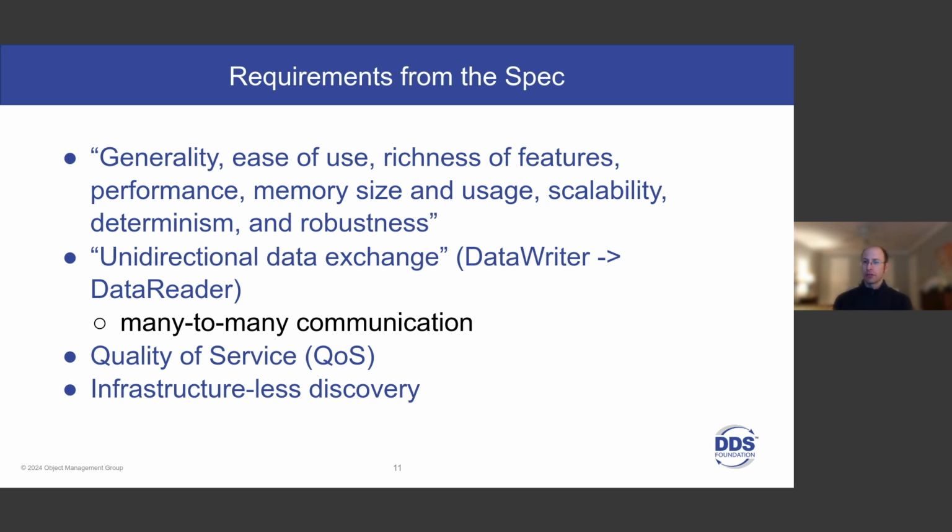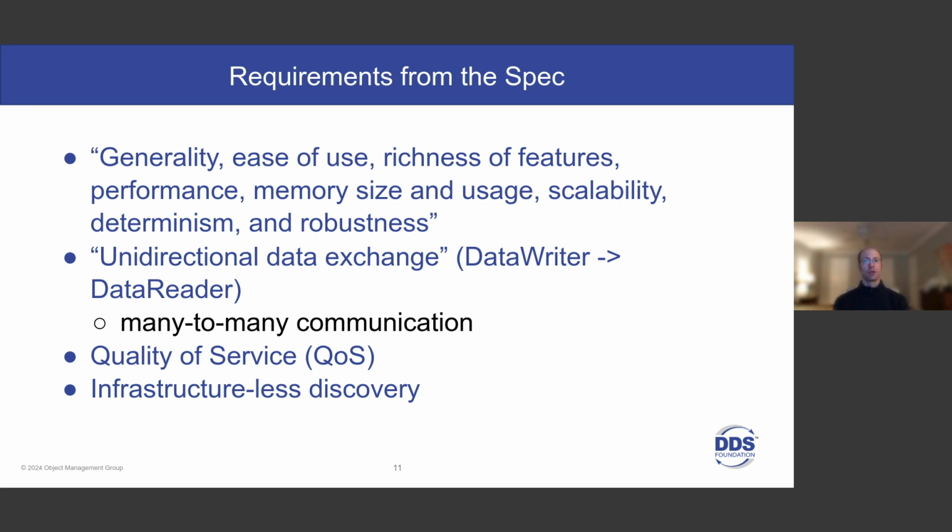So the spec starts by outlining some requirements that it wanted to fulfill. It says that it, as a specification, was trying to be a trade-off between generality, ease of use, richness of features, performance, memory size and usage, scalability, determinism, and robustness. So you can see a lot of the initial requirements that the Navy had for its system reflected in that.